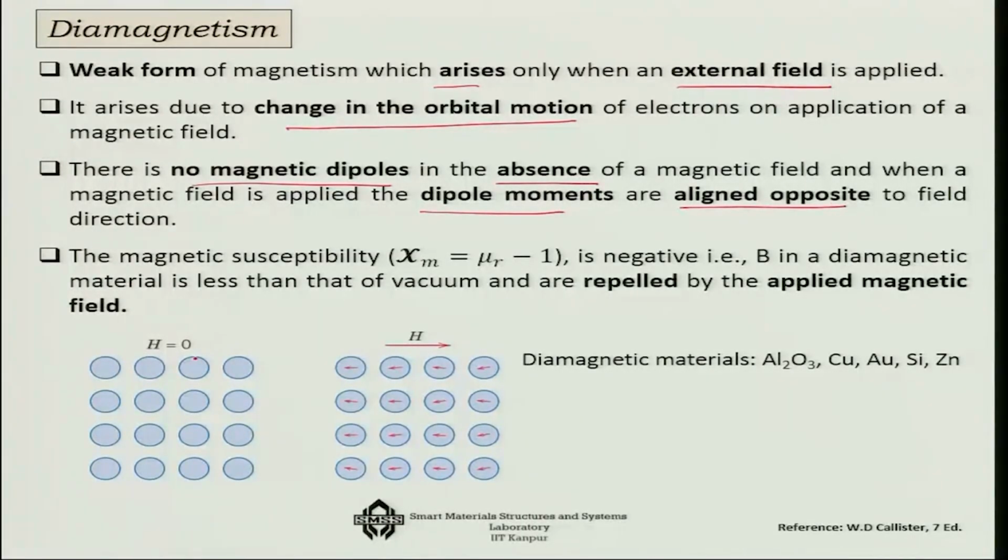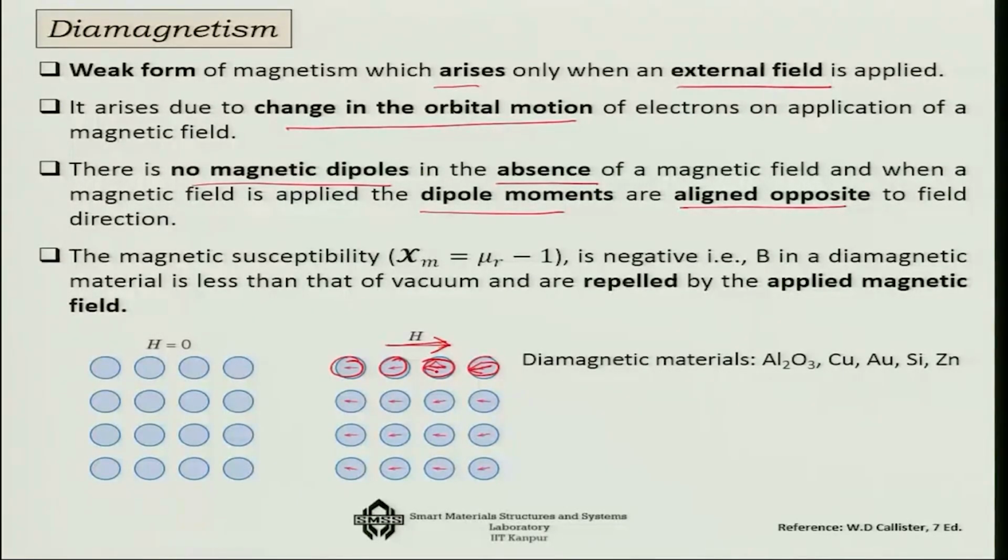Initially there is no dipole moment, and the moment you apply the magnetic field, the dipole moments appear, trying to oppose the direction of the magnetic field. So, this is the diamagnetic material.